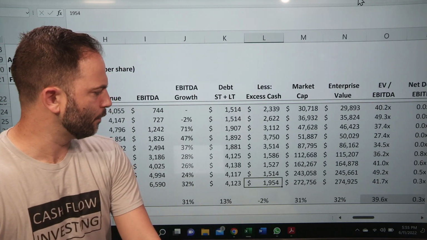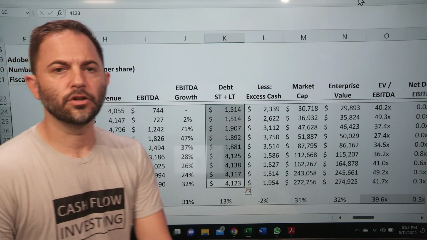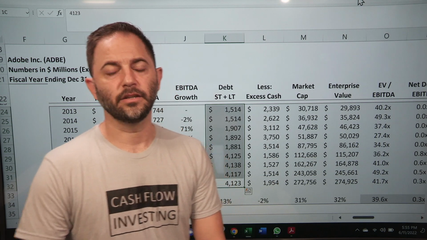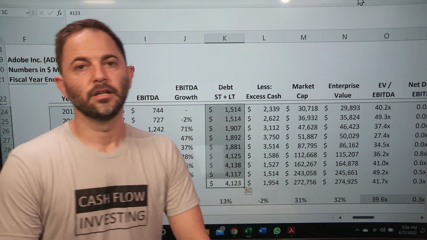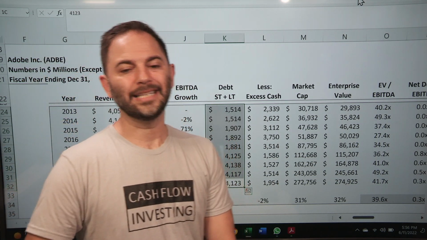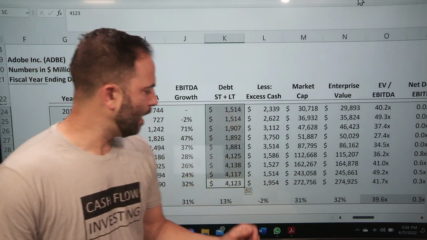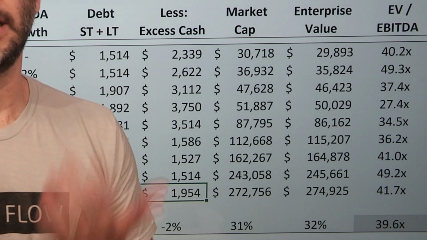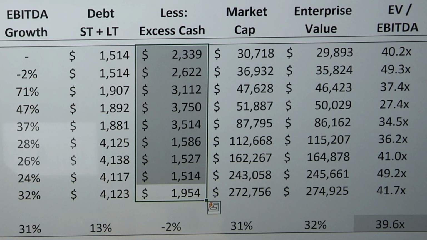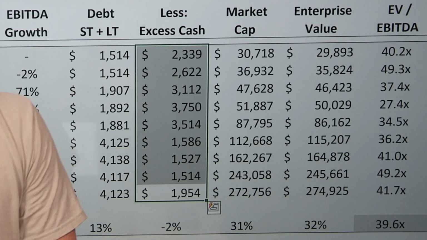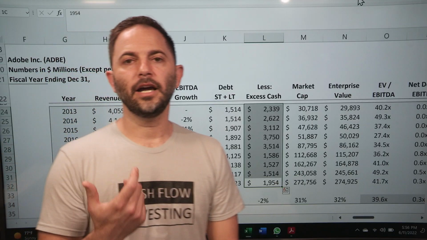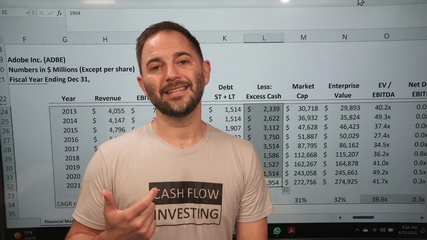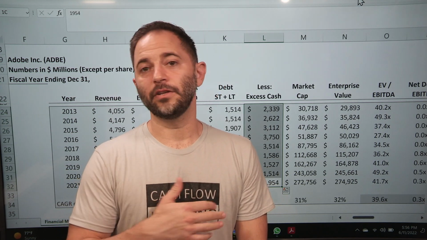Moving out further, you've got short-term, long-term debt. So this is basically the long-term debt plus current portion of long-term debt and capital leases. 1.5 billion to 4 billion. It did grow, but earnings grew much, much faster. Cash, less excess cash. Again, excess cash for me, I use the short-term investment line. Unless they don't have one, some companies don't even bother doing that.